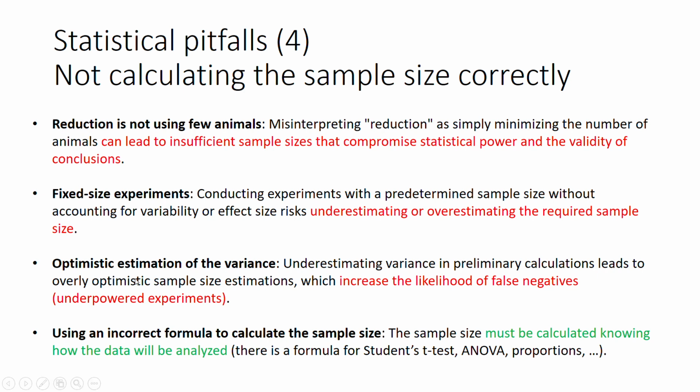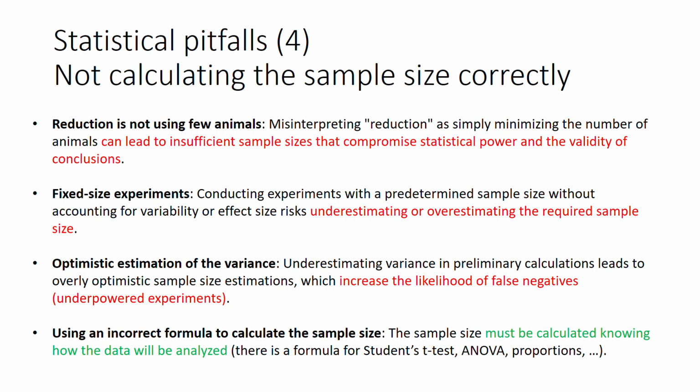Then you may be too optimistic on the variance, so you may think that you have a lower variance than you actually have, and that will increase the likelihood of false negatives, because you have underpowered experiments, so you will miss many good treatments. Or you may use an incorrect formula to compute the sample size.